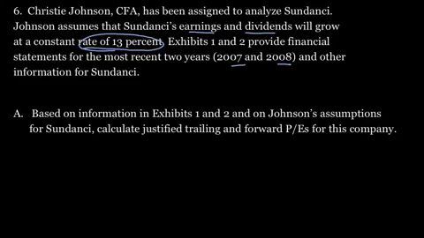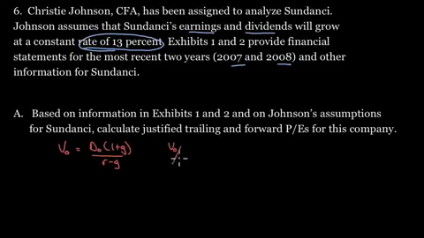So what we need to do is remember how we calculate the justified forward and trailing PE. So we started with the formula for intrinsic value for dividends, D naught (1 plus G) over R minus G. And you just divide both sides by E naught or E1, depending if you want trailing or forward. So if we divide by E naught, we'll be getting trailing earnings.